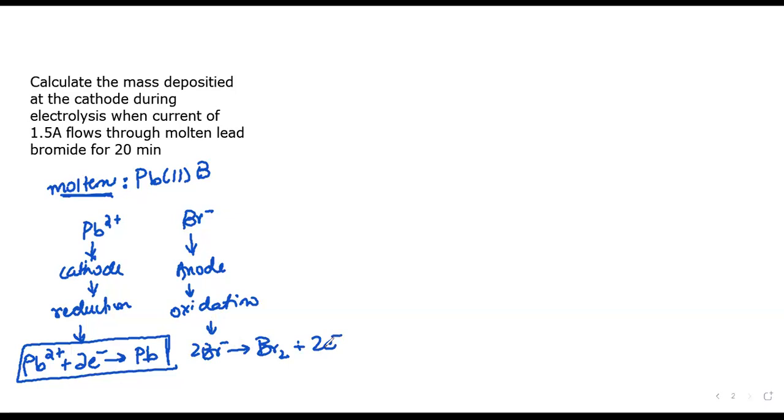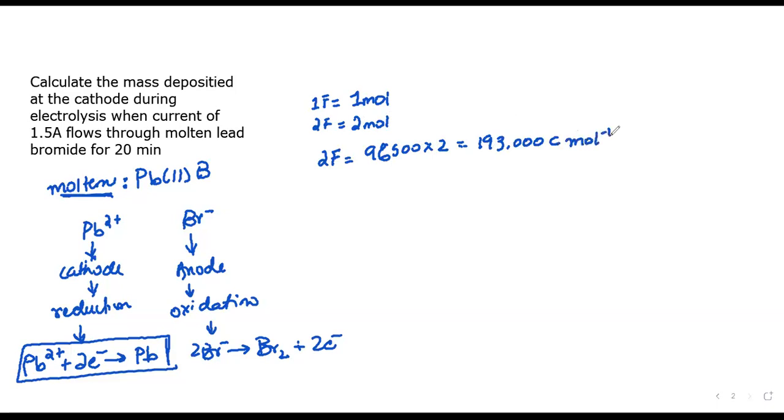What did I tell you? 1 Faraday is the amount of charge I need for 1 mole of electrons. So with 2 moles of electrons, I need a charge of 2 Faraday. 1 Faraday is 96,500, and if I multiply it by 2, that will give me the value for 2 Faraday. So I get 193,000 coulombs.